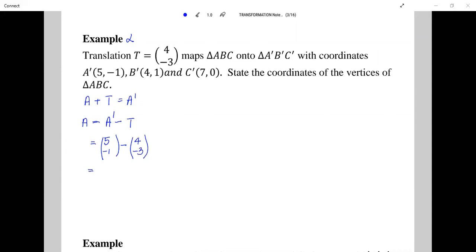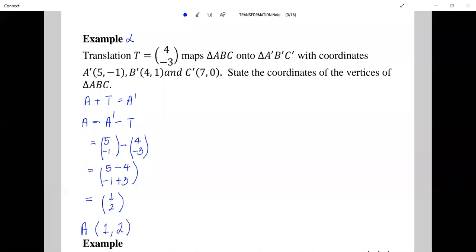So this is going to be 5 minus 4 and -1 plus 3, because a negative times a negative gives you a positive. So this is going to be (1, 2). This is saying to me that A is the point (1, 2).